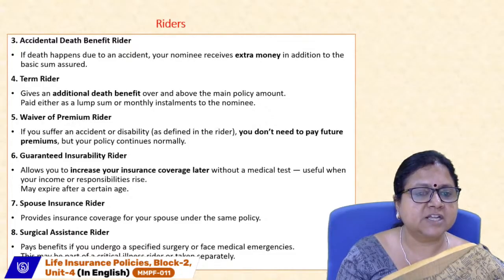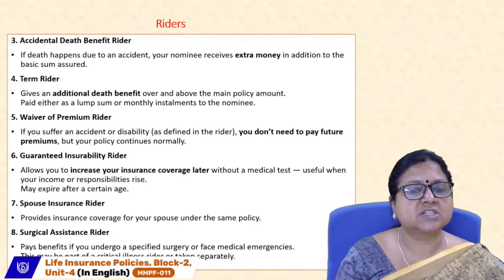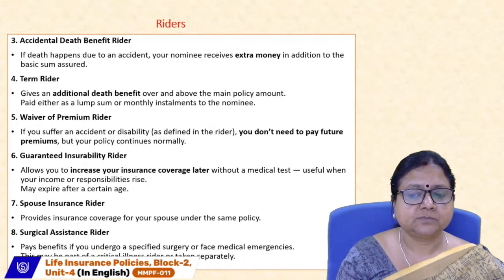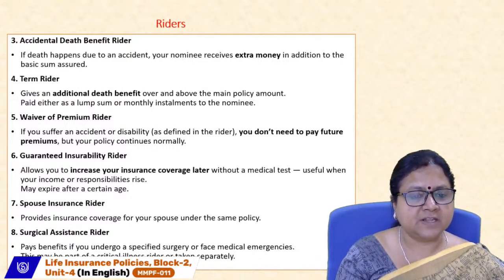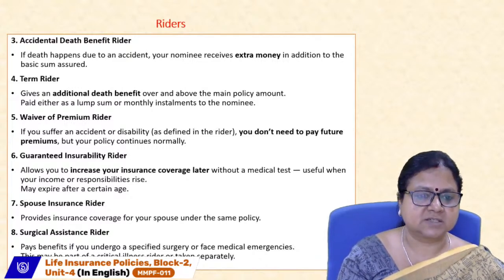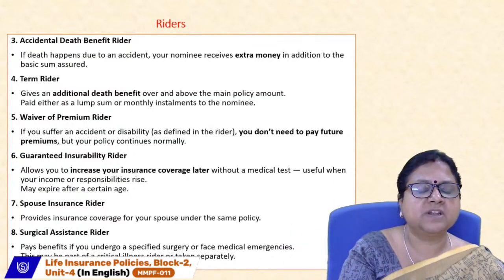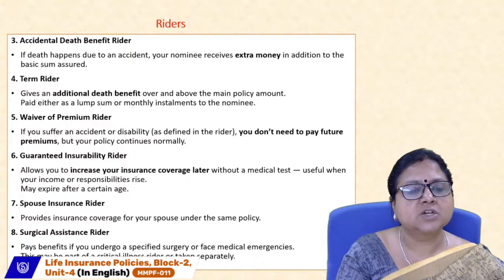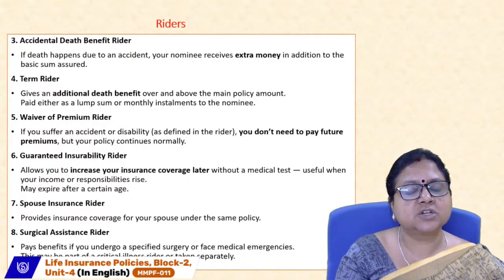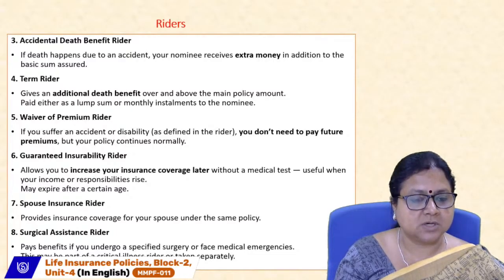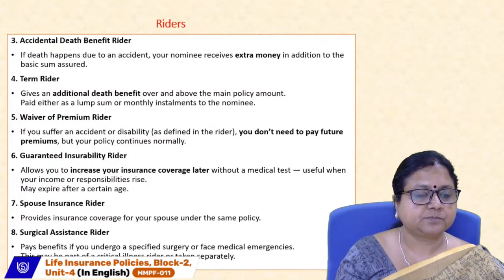There can be a guaranteed insurability rider, which allows you to increase your insurance coverage later without any medical test. It is helpful when the income of a person rises. So he can add some more benefits to the insurance policy so that his insurance coverage becomes wider and he gets a larger sum assured.